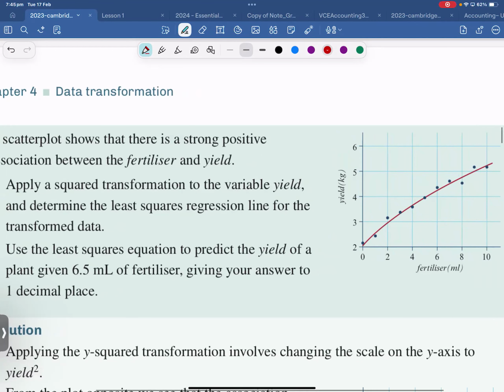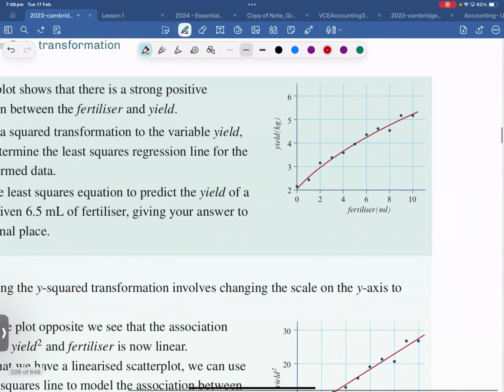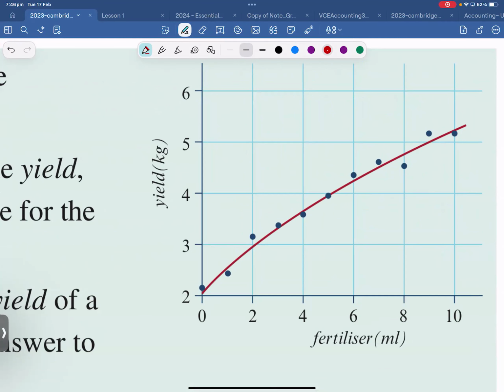The next thing is, guys, apply a squared transformation to the variable yield and determine the least squares regression line for the transformed data. The question: what transformation are we going to use here? Y squared.